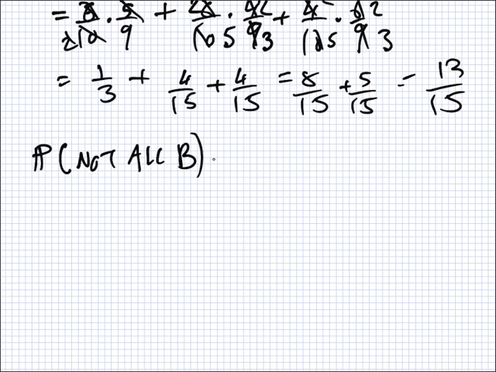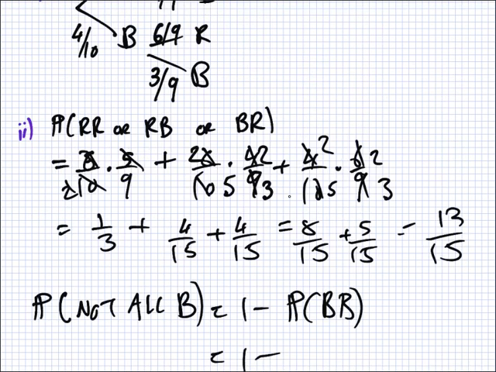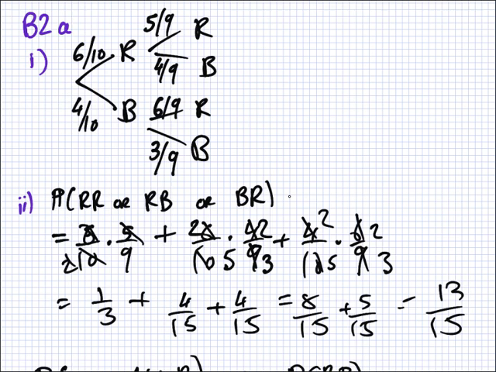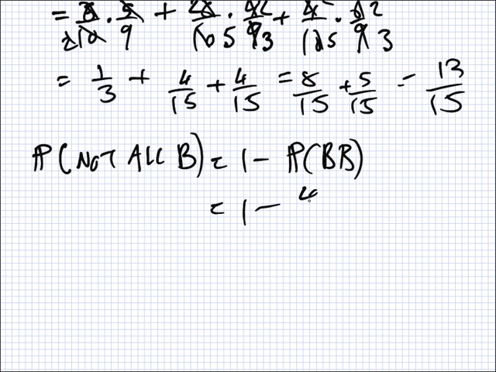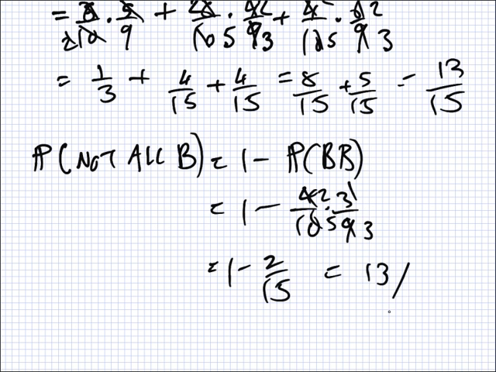So not all blue is 1 minus all blue. Yeah, 1 minus blue, 4 tenths, 3 ninths. Okay. That's 1 minus 1/3, isn't it? 2 fifths, 2 15ths. Yeah, there we go. So if you did it that way, that's fine as well.